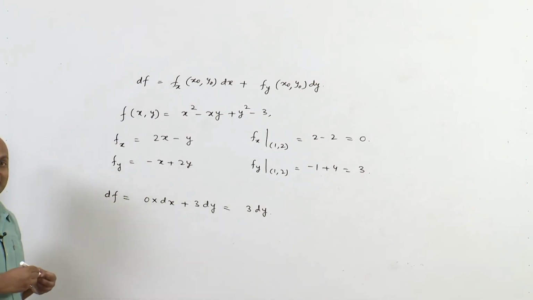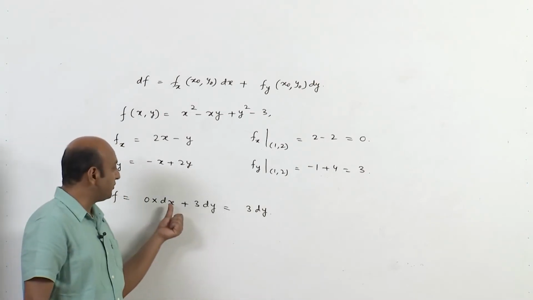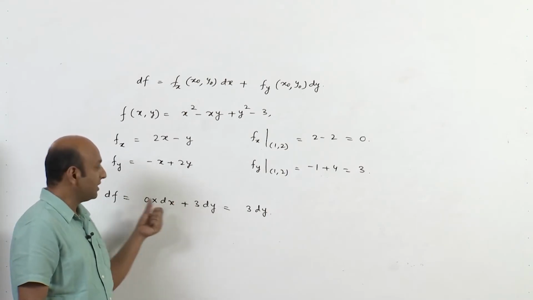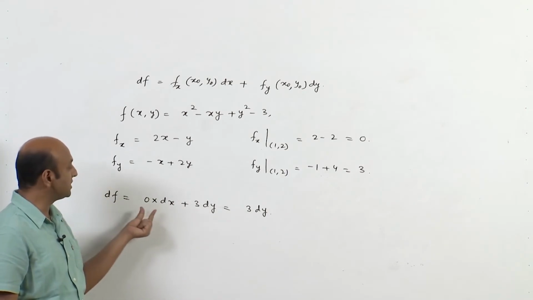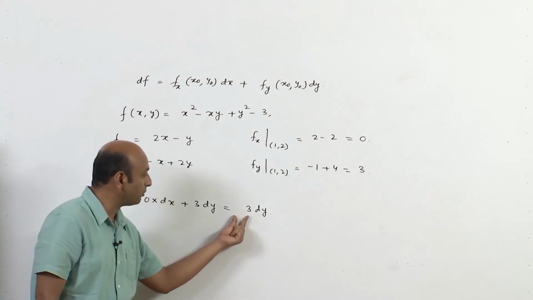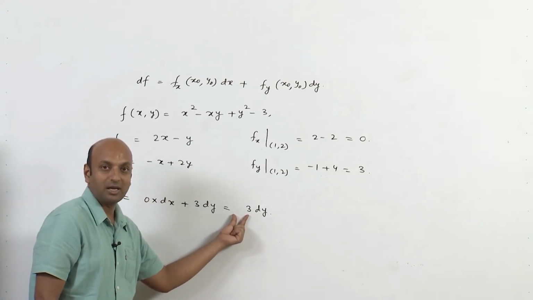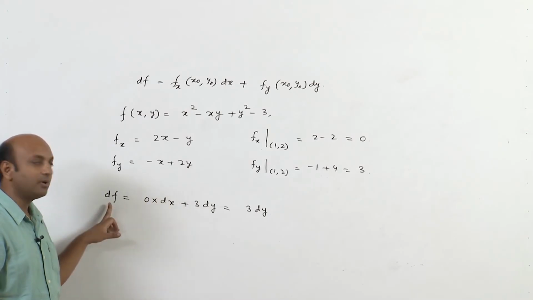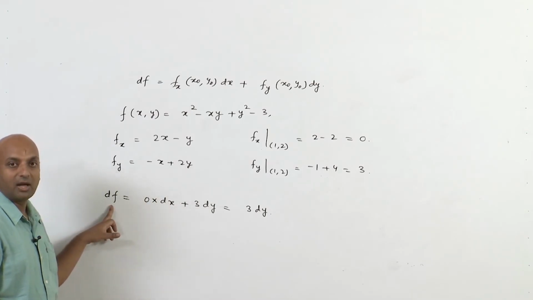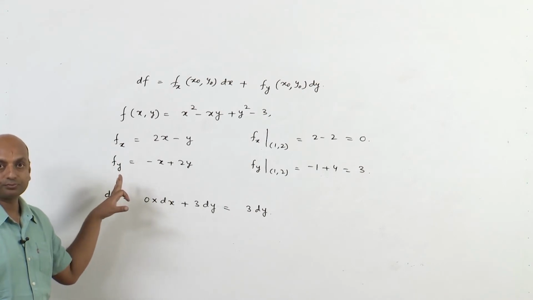So, this means if we change the value of x, there will be no change in the value of f, because there is no term in dx here. If we change the value of x, there will be no change in the value of f at the point 1 comma 2.